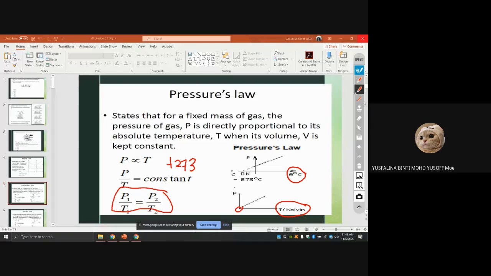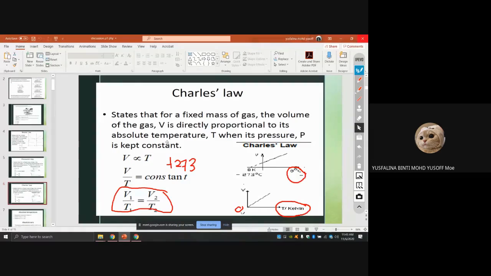All right, the next one is Charles' law. Charles' law says the volume is directly proportional to its absolute temperature when the pressure is constant. So V1 divided by T1 equals V2 divided by T2.